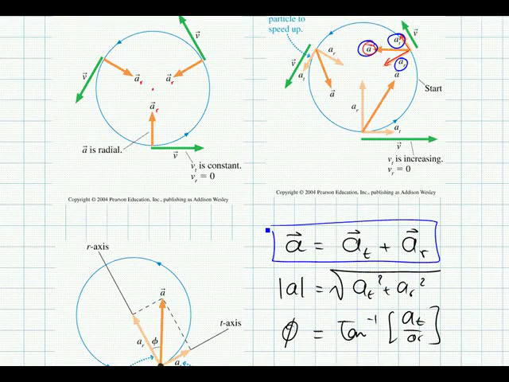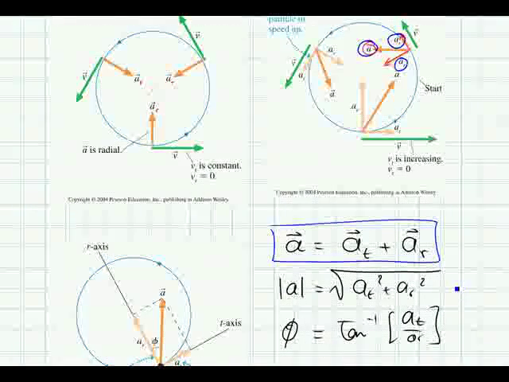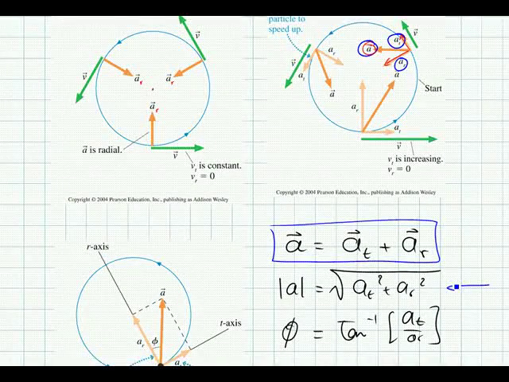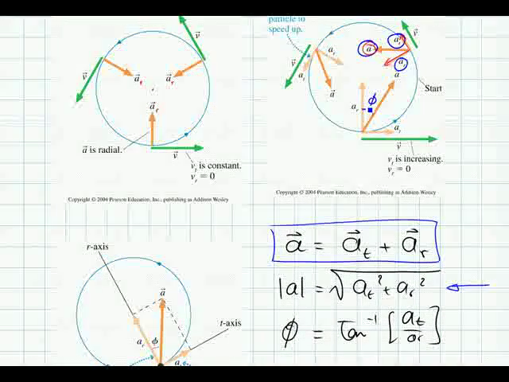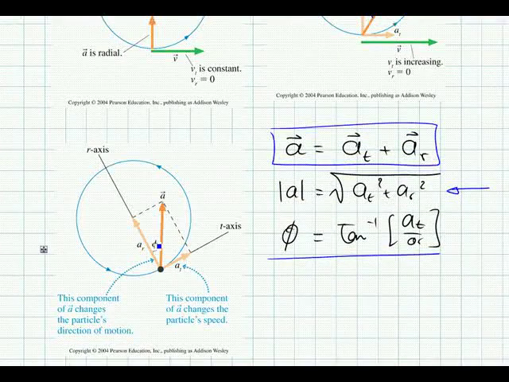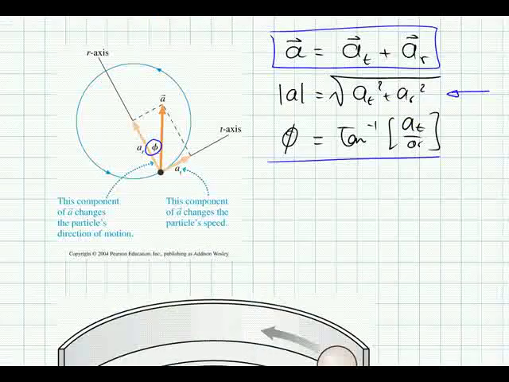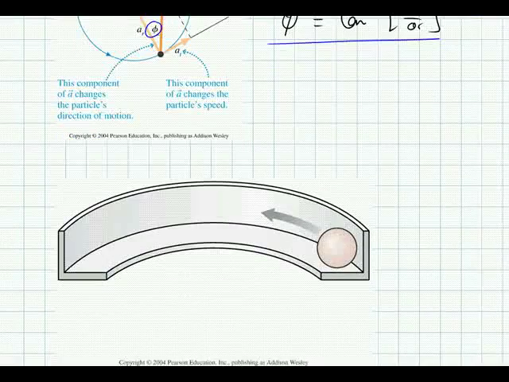Now its magnitude can be found using the Pythagorean relationship in this form, and of course the angle phi that it makes with respect to the radial axis is simply arctan of a_t over a_r. These are the stuff that we've covered before, so I won't dwell too much on it.